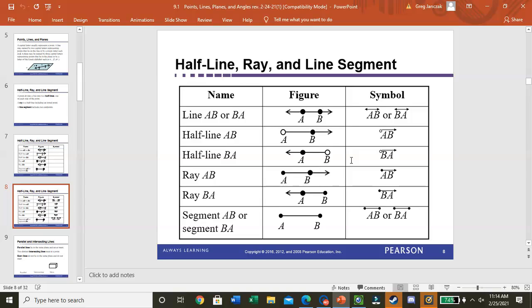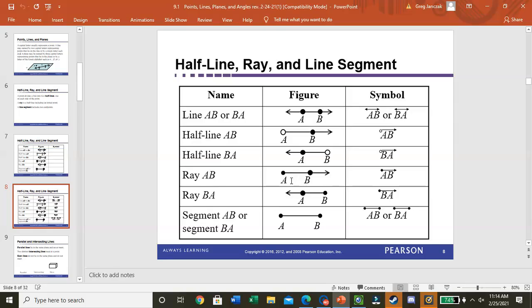So here the endpoint is on A. The first one, the endpoint is on A, right? And so this would be half line AB. Whereas the second one, the endpoint is at B. So the annotation starts at B to A. So the starting point is that endpoint.